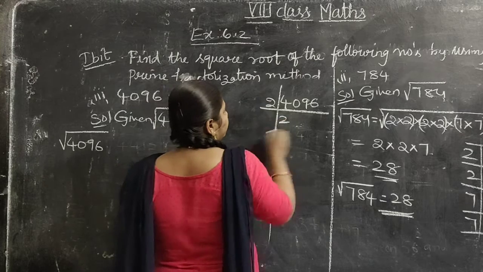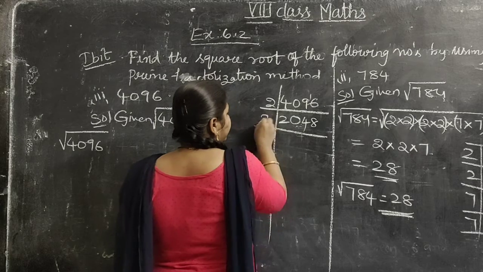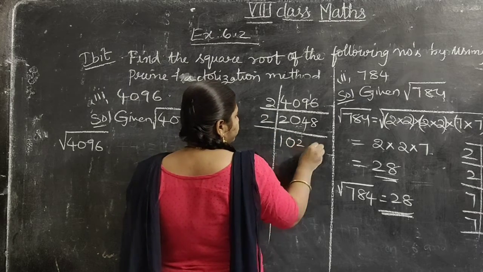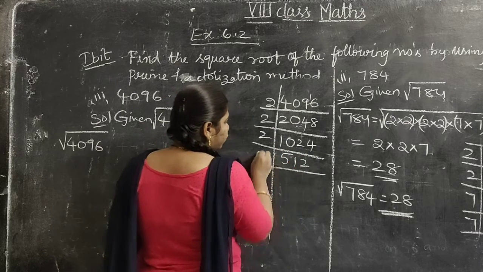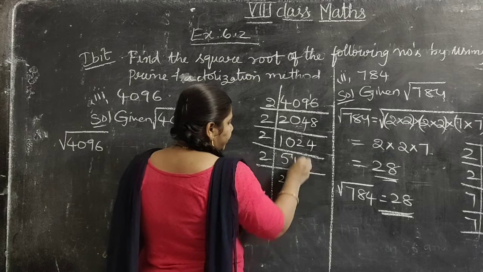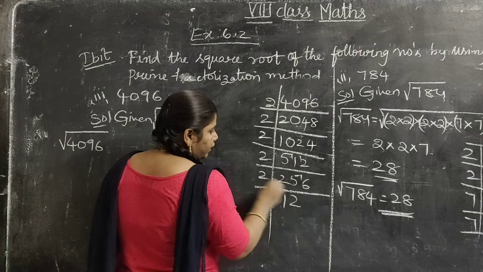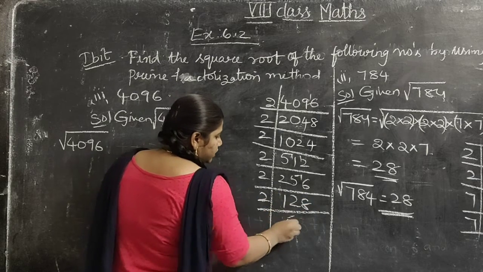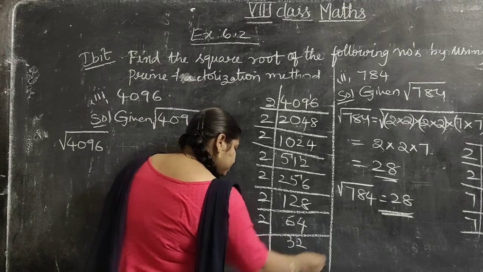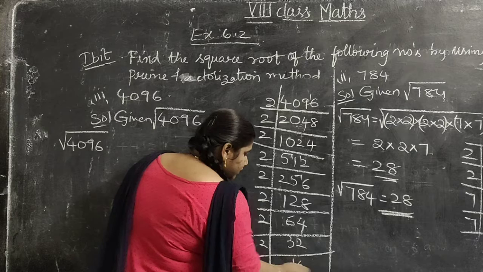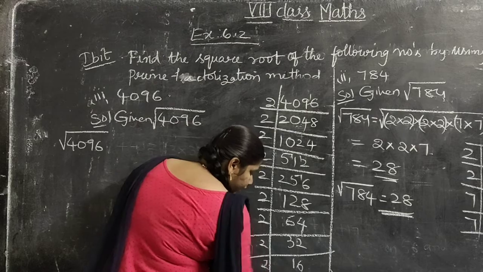So 2 2s are 4, 2 0s are 0, 2 4s are 8, 2 8s are 16. Again with 2 table, 2 5s are 10, 2 6s are 12. 2 8s are 16. So 2 64s are 128, 2 32s are 64, 2 16s are 32, 2 8s are 16, 2 4s are 8.